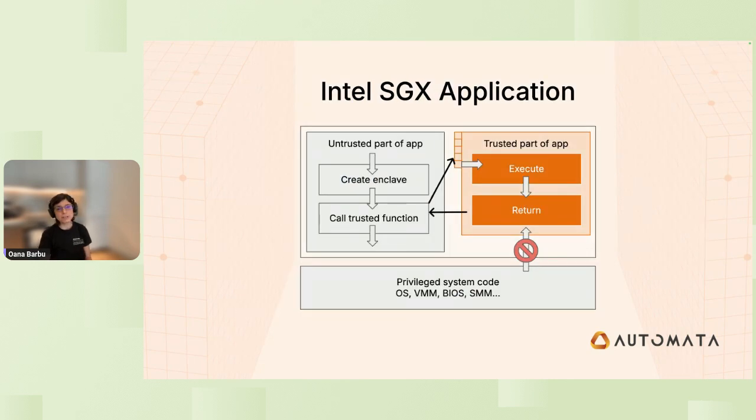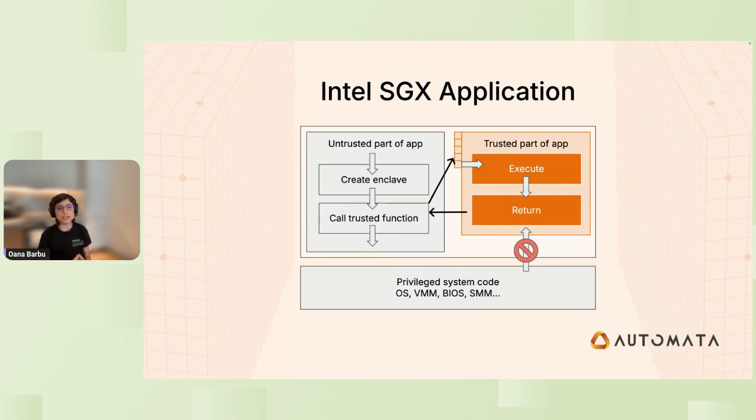And so an Intel SGX application is represented by two parts. On one side, we have the untrusted part of the app, and then we have the trusted part.